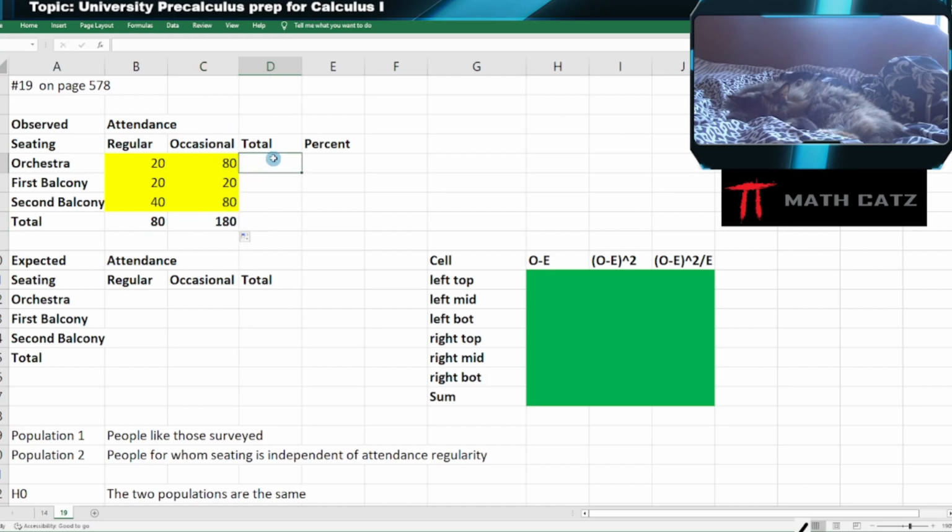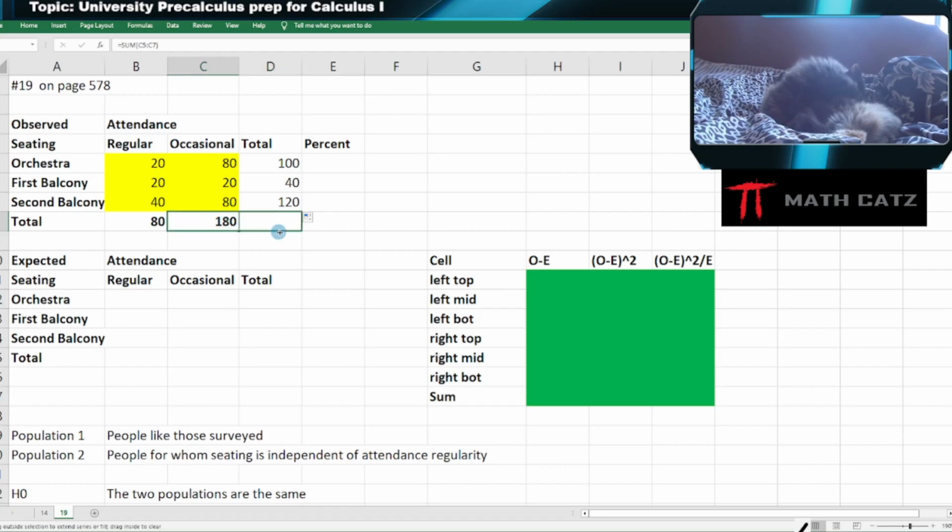I also want to add up the rows for each of the seating categories. And we'll copy that down like before. Check it. Yep, it's adding up the right two. Okay. And then we can also add up the total here if we want. Total of the totals. How many people are there?